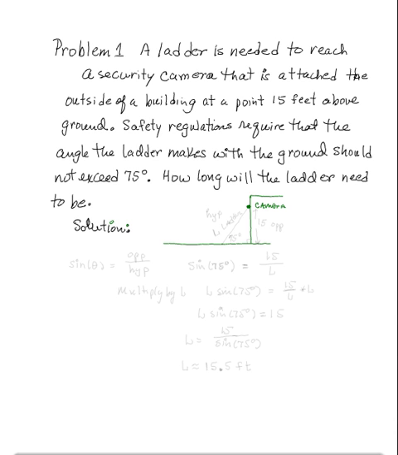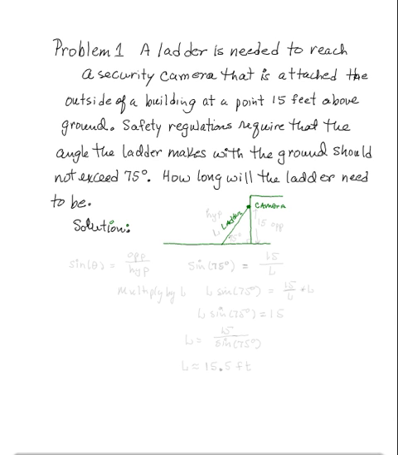Now, the ladder is going to extend from the security camera down to the ground. So I'll draw the ladder as this line. The angle that the ladder can make with the ground can't be more than 75 degrees.